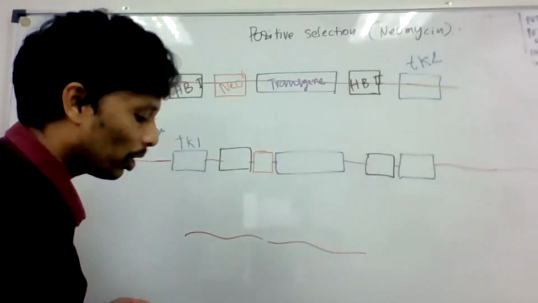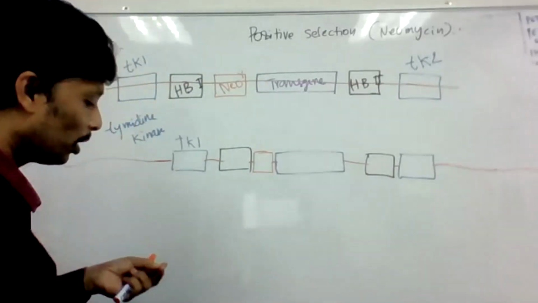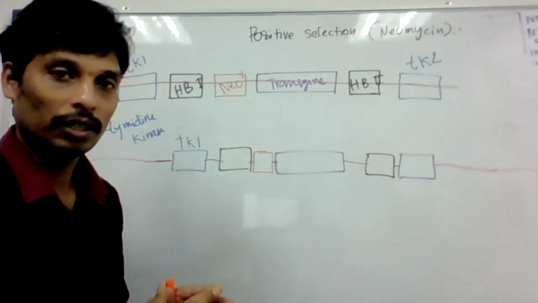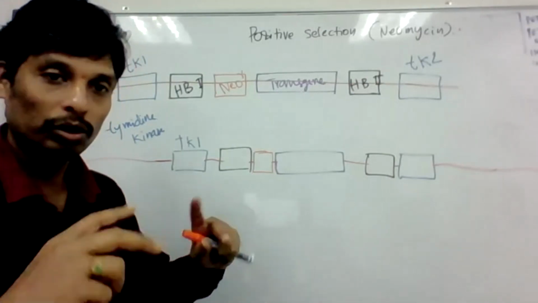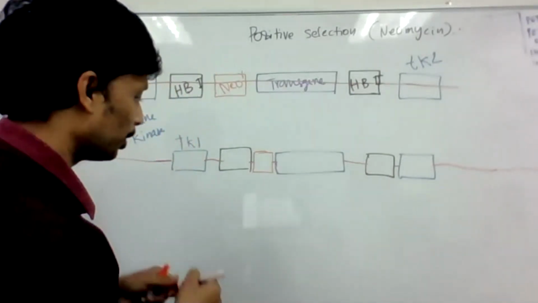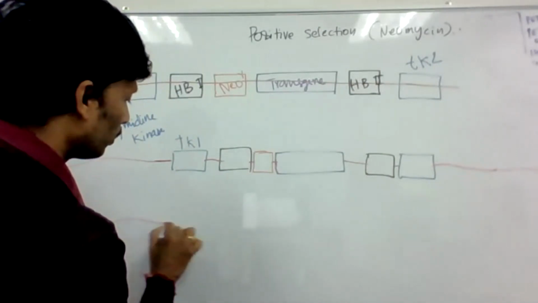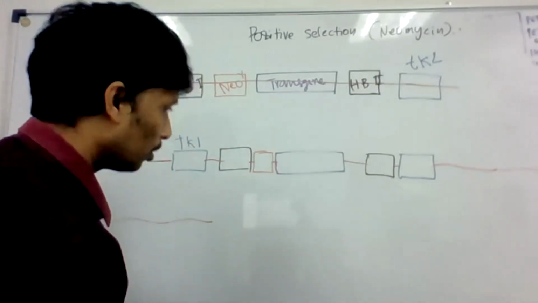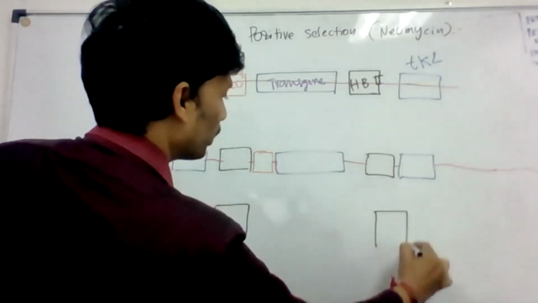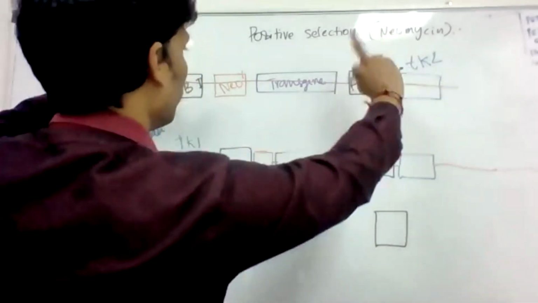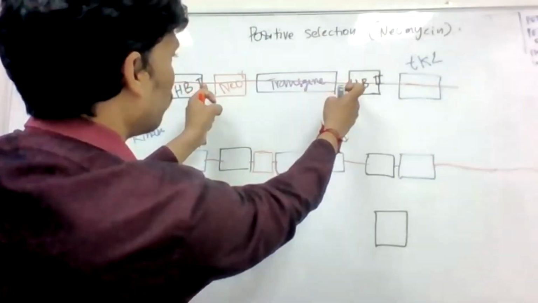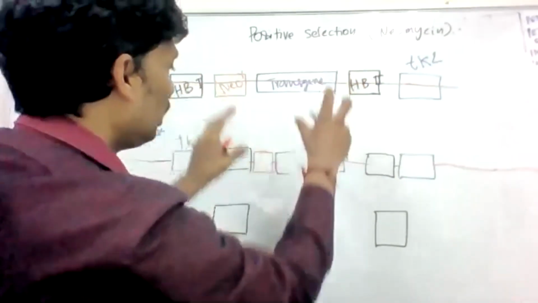The other possibility is that it gets integrated at a desired location. That means it will use homologous recombination. When it goes for homologous recombination, these two points are important. These two points get integrated when homologous recombination happens. Only the region between the homologous blocks gets incorporated here.